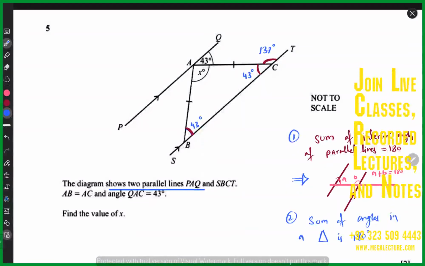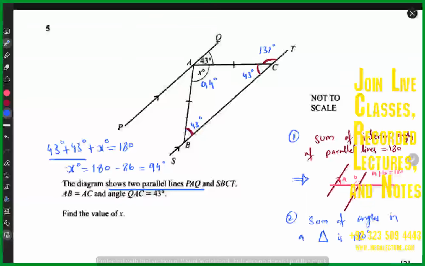So this ABC is a triangle, so 43 degrees plus 43 degrees plus X degrees is equal to 180. You need to add 43 plus 43, and this gives X degrees equals 180 minus 86, which is 94 degrees. So this was 94 degrees.